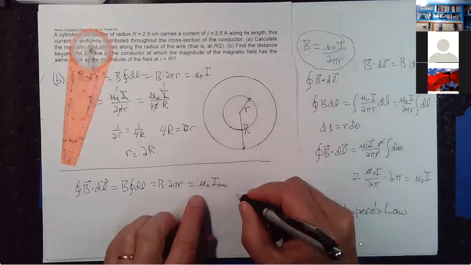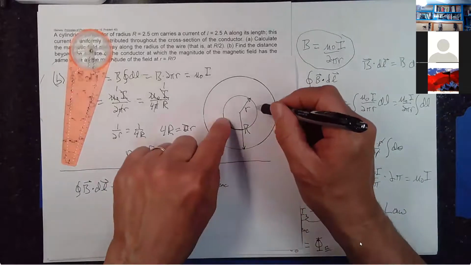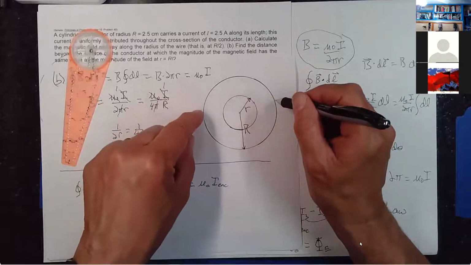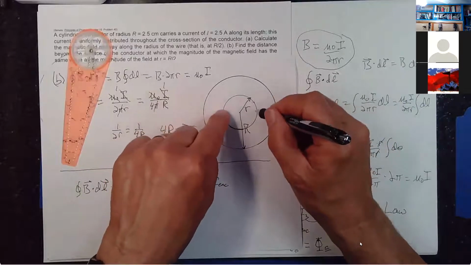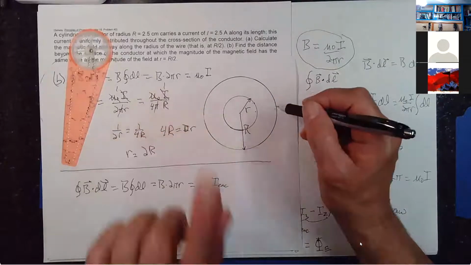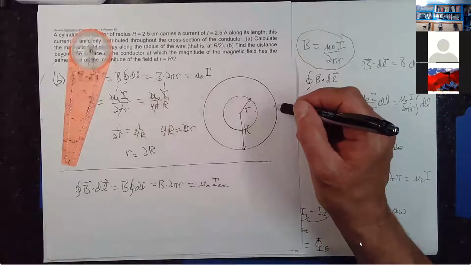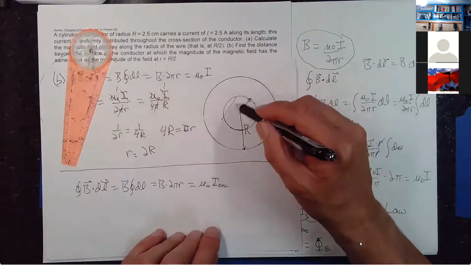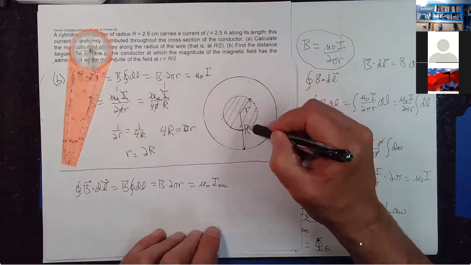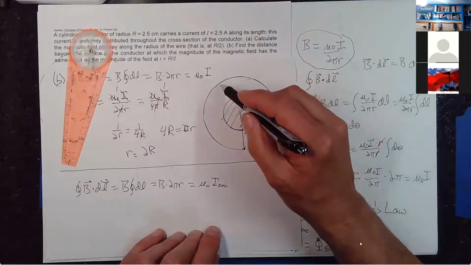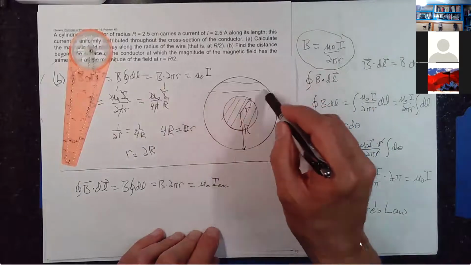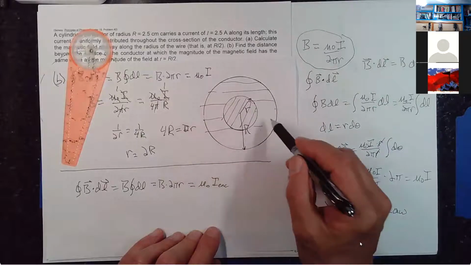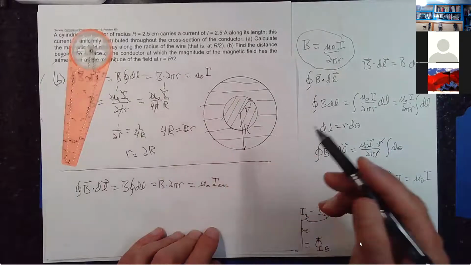And it's like what we did before. It'll be the fraction that this thing represents, the area of this thing divided by the area of this, times the amount of current we have. That ratio of the areas gives me the fractional area that this represents compared to the total area of the wire. If that makes sense.